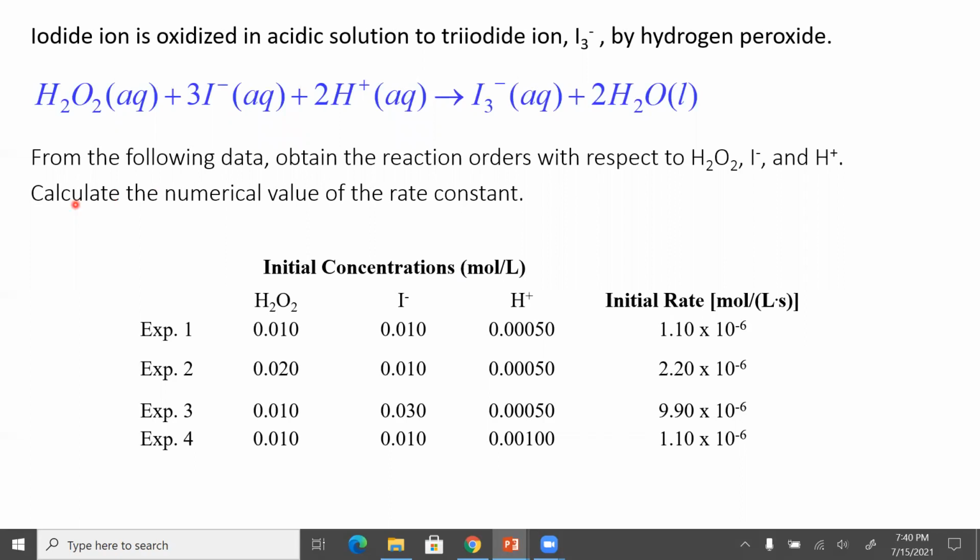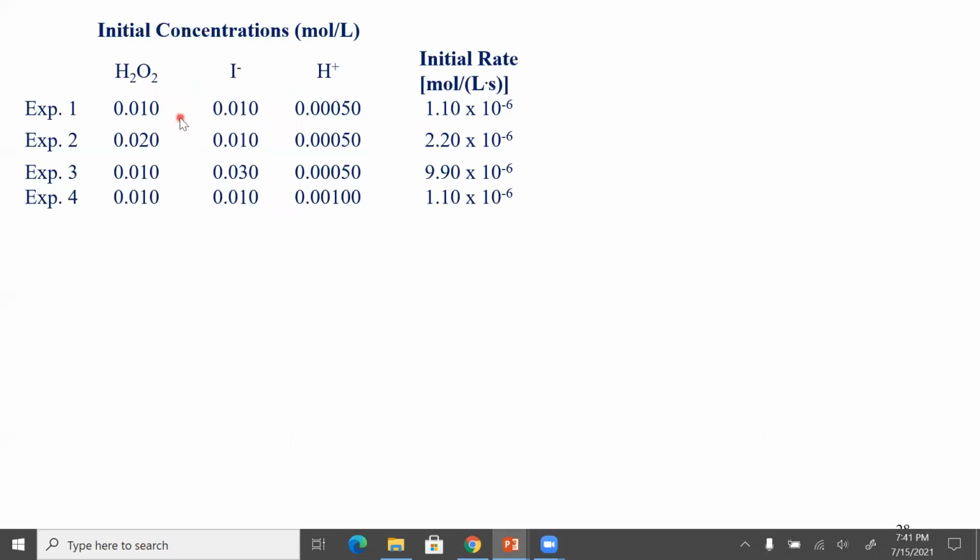A little bit more complicated this time because there are 3 reactants. But we're going to look at each reactant separately first and decide how each reactant affects the initial rate. All right, so let's take a look at this one. We need to decide which two experiments we can compare where the hydrogen peroxide changes and the other two stay constant.